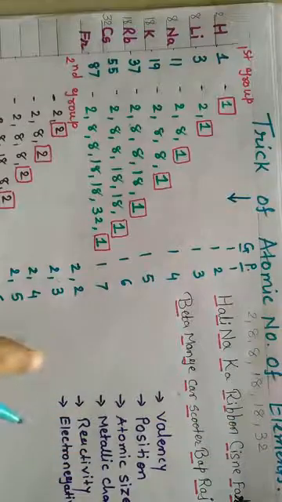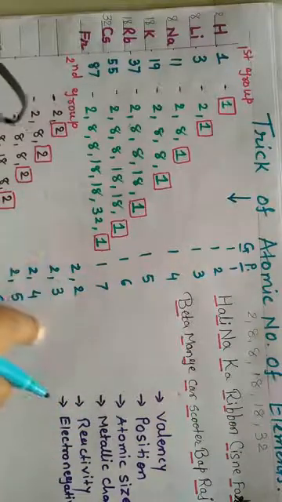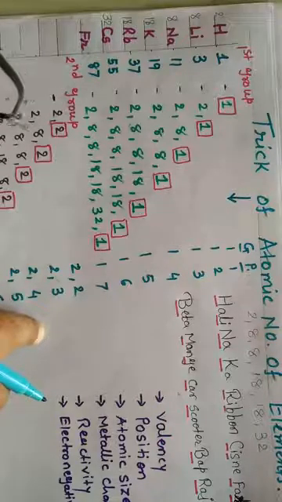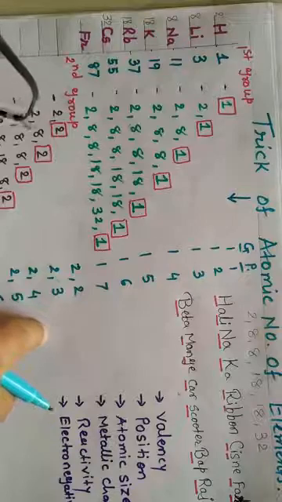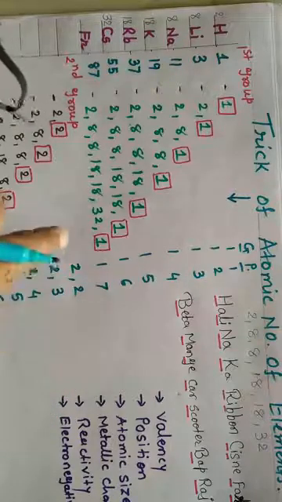Then metallic character. All the atoms have 1 electron in the outermost orbit. The atom with 1, 2 or 3 valence electrons always has metallic character. So all elements of the first group possess metallic character.